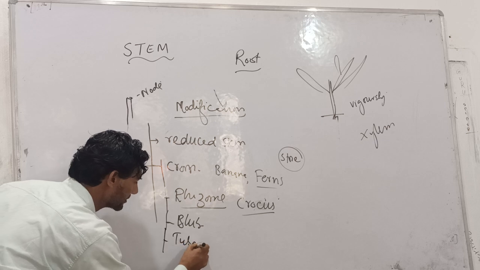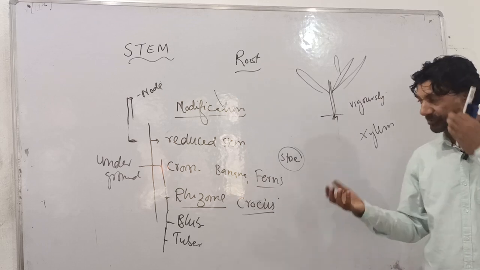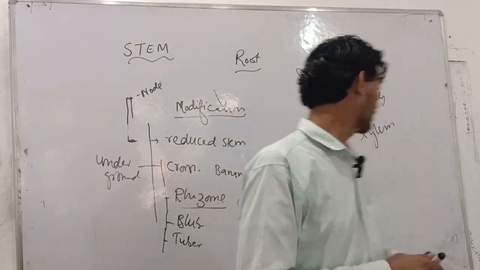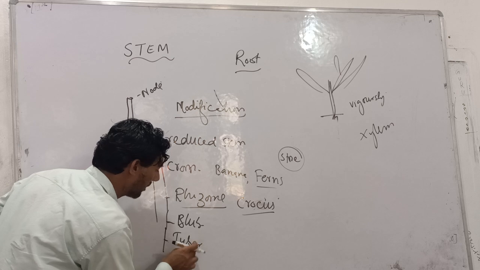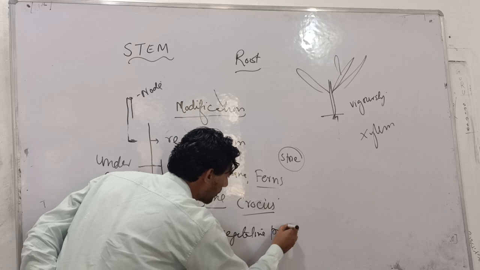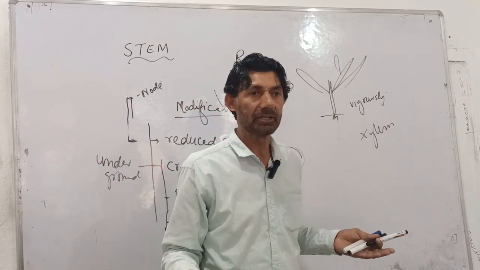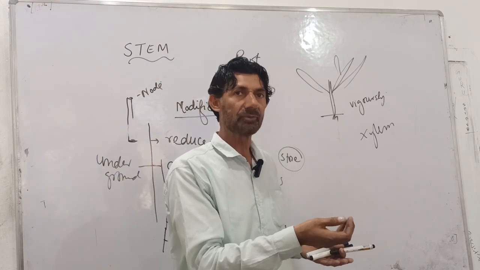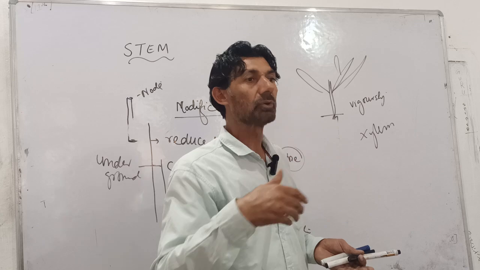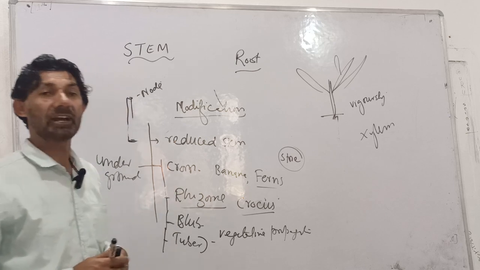The stem stores food material in the soil and these parts help in vegetative propagation. Potato tubers have buds, adventitious buds, from which root and leaf arise. So it's called as tuber. These are called as underground stem.